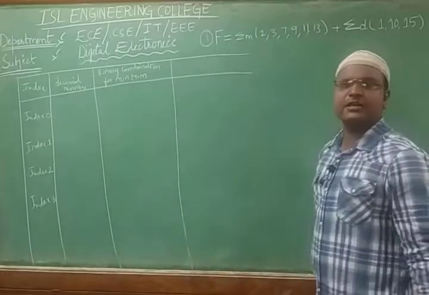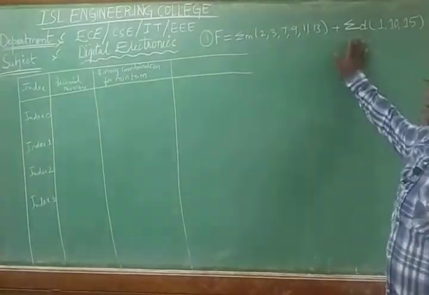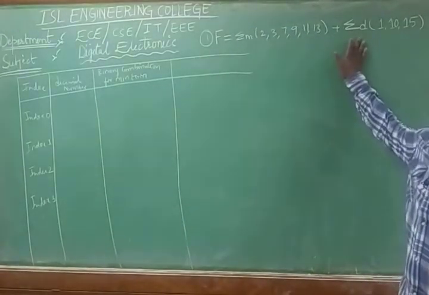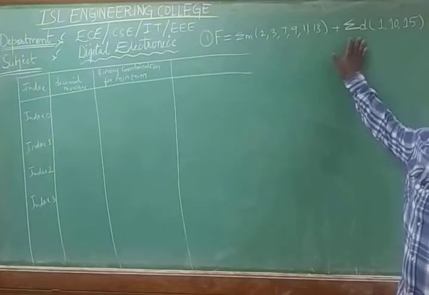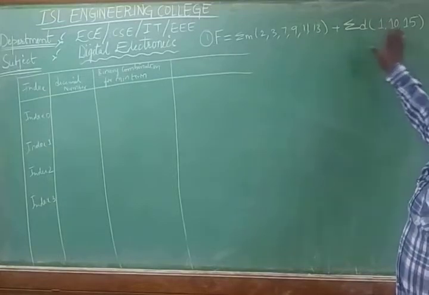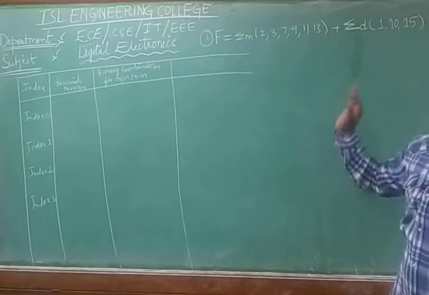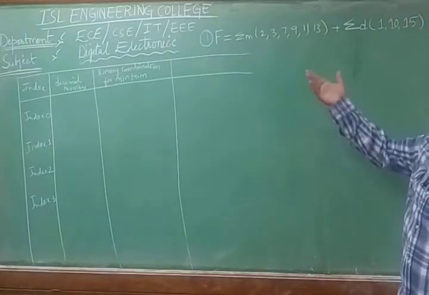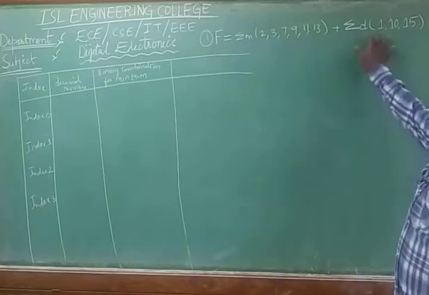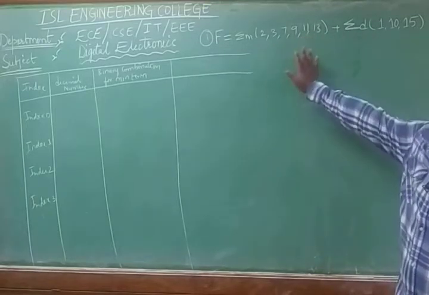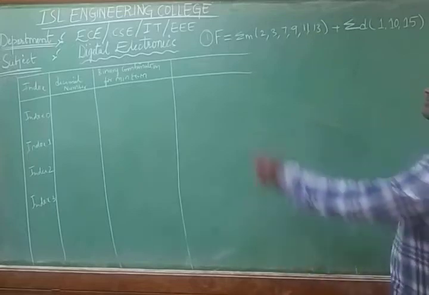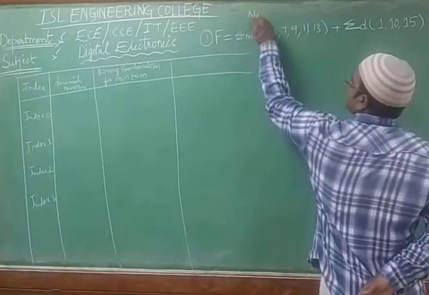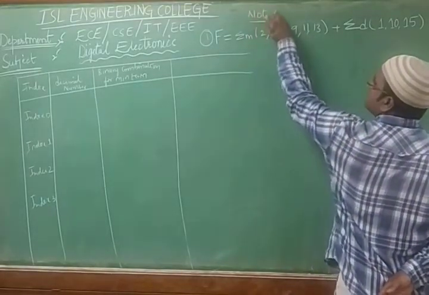Here, what extra they gave in the question is the don't cares also. Don't care is also considered as a min term only in the tabular method. So these bits also we have to consider while simplifying. I am using these bits as well as these bits, so this is also considered as a min term.